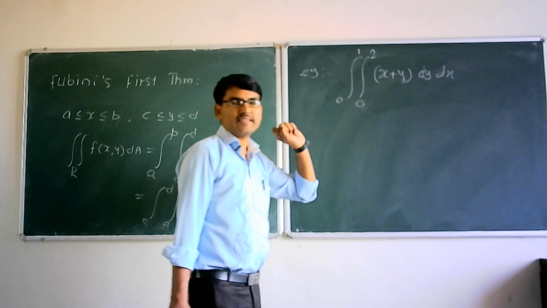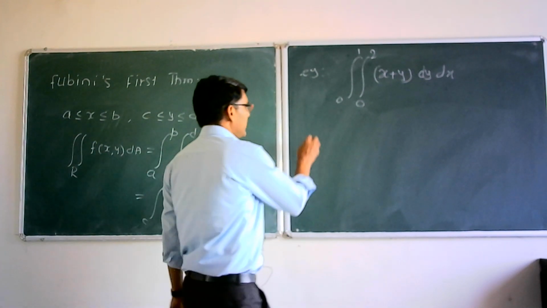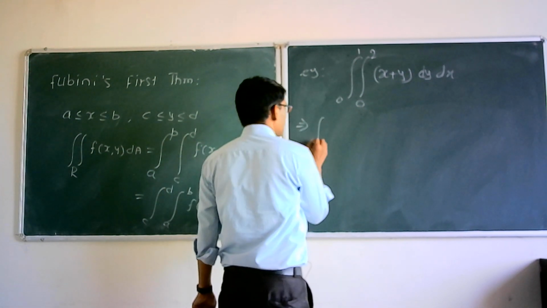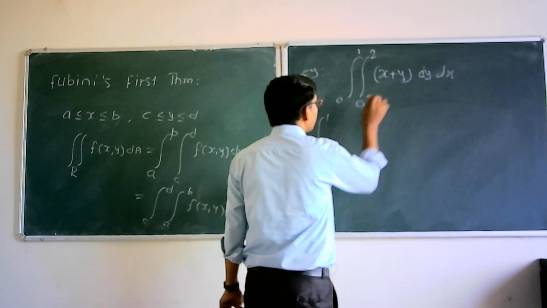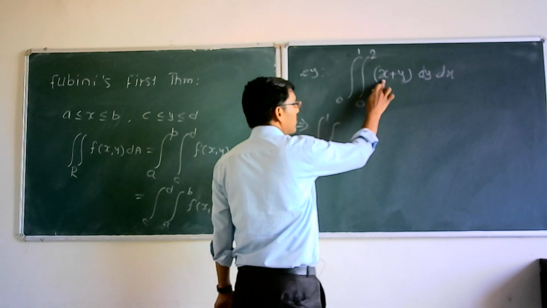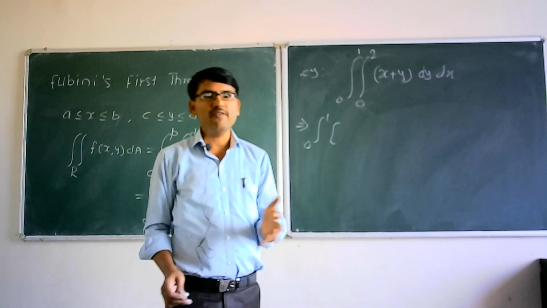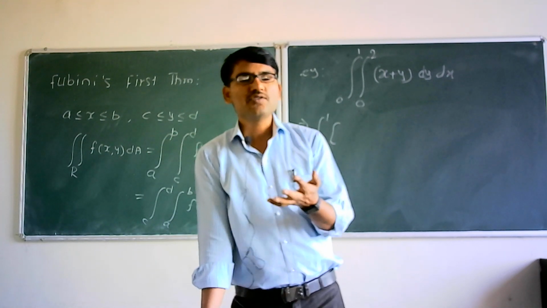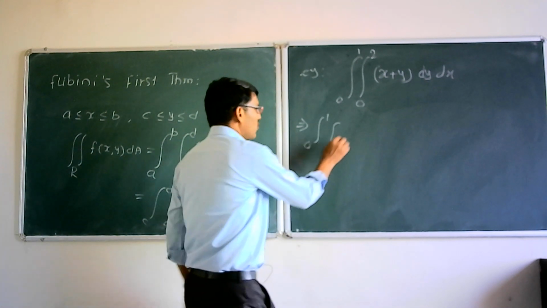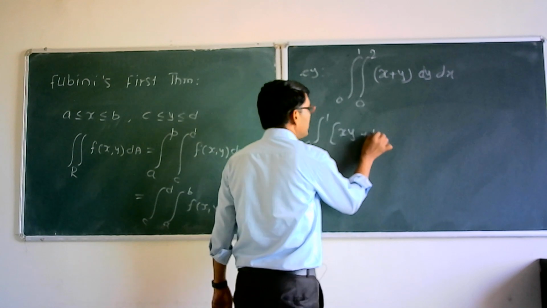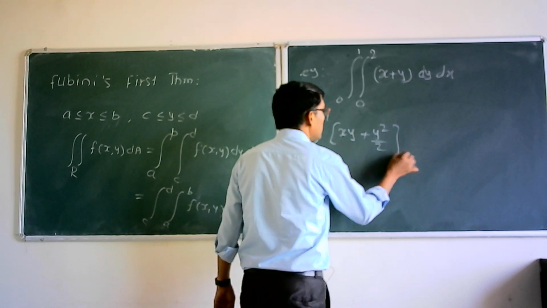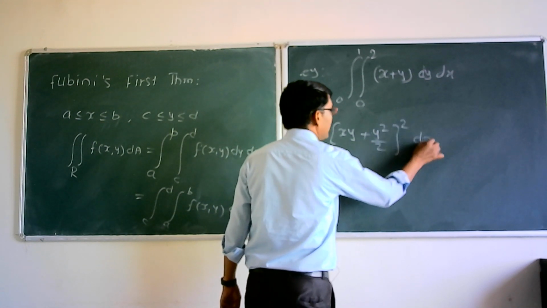So if we evaluate with respect to y, x is constant, so it is xy, and the integration of y is y square by 2, with limits from 0 to 2, dx.